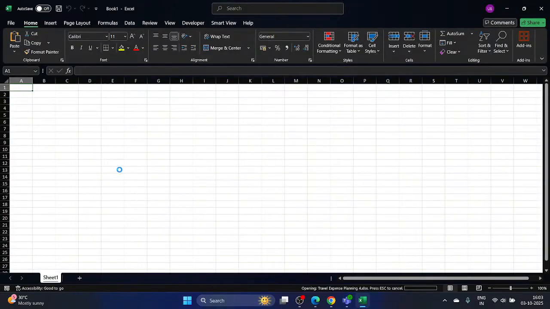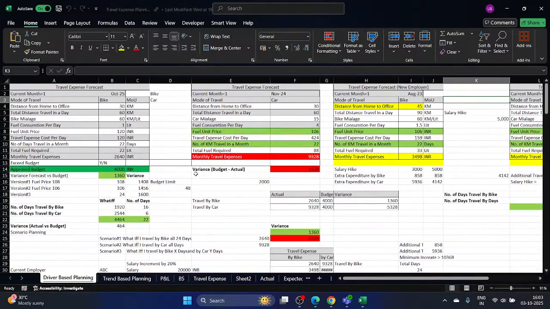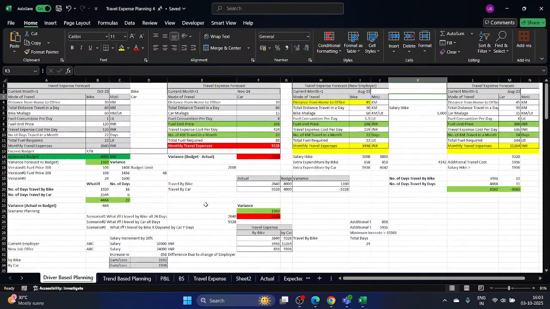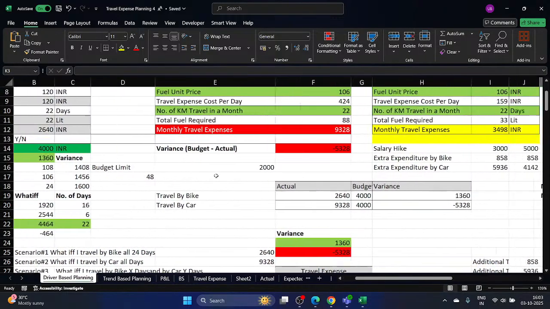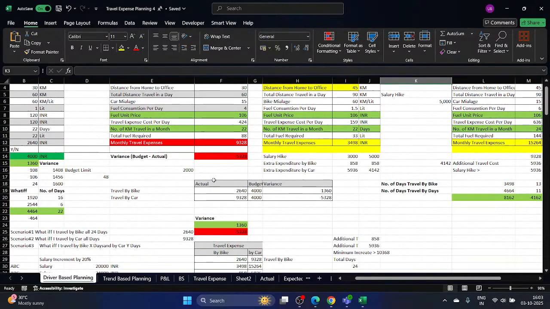Here I will open it. Here we will understand the concept of drivers. What is actually a driver, and how can we set up the particular driver here?